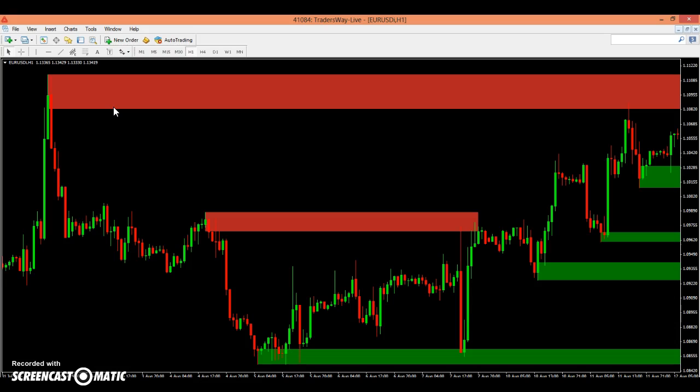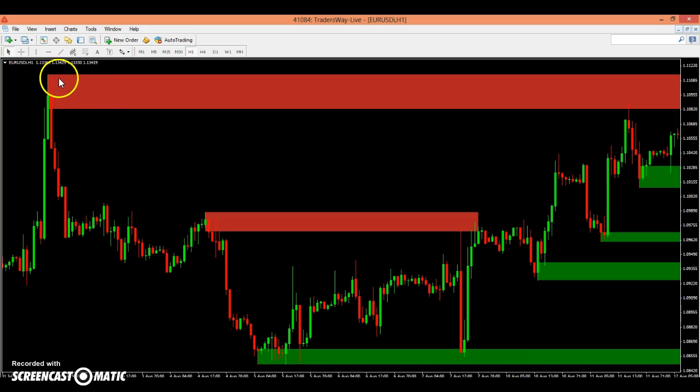Therefore, it's an abundance of supply where there's a lack of buyers, which means the price is going to drop. Same thing with demand: areas where we're looking at an influx of buyers, but a lack of supply. When we're looking for these areas of supply and demand, it's very crucial that you understand what it is and how to qualify the levels.